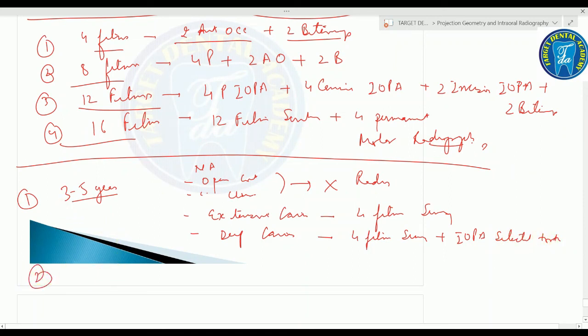The second age group is 6 to 7 years. If there is nothing abnormal, then you can go for the 8 film survey, which includes the 4 posterior, 2 anterior occlusal and 2 bite-wings.